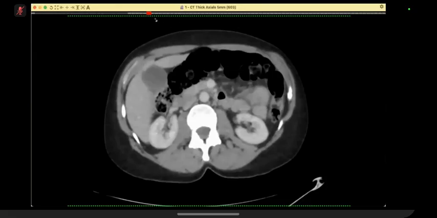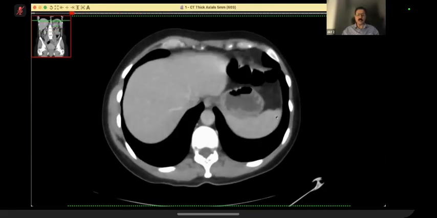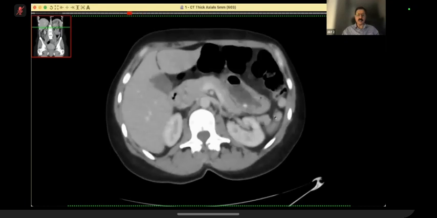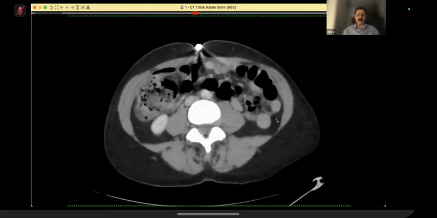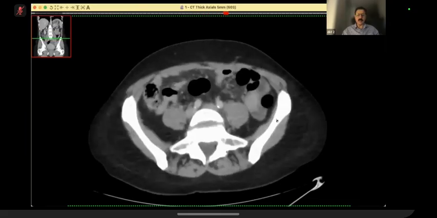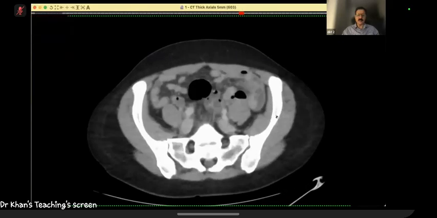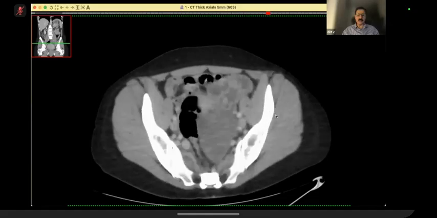Because I have a problem. Yeah, so I will scroll for you just to give you an overview that the upper abdomen is not the area of interest and it is normal, right? So we are going to the left iliac fossa. So now you start concentrating. I will go down, I'll come up, then you start talking.